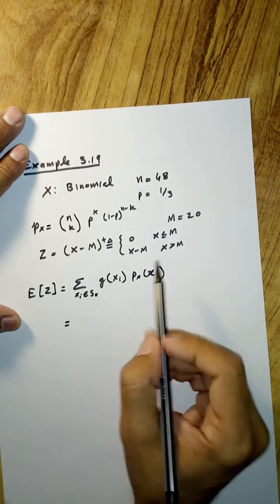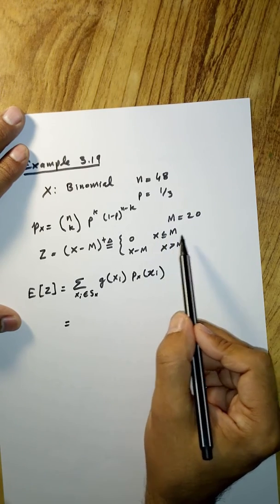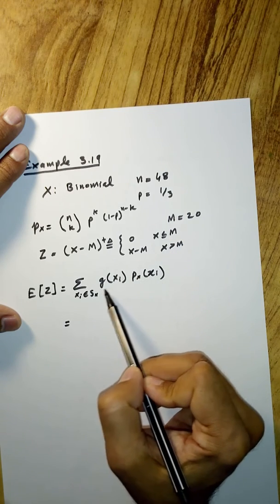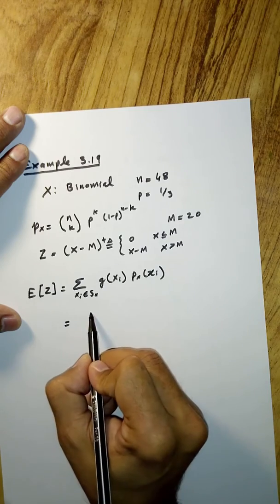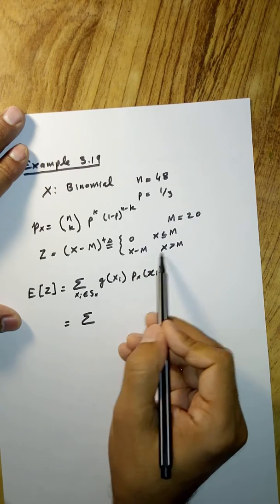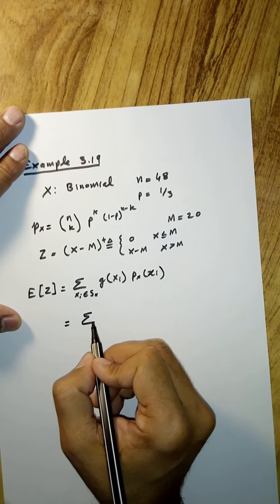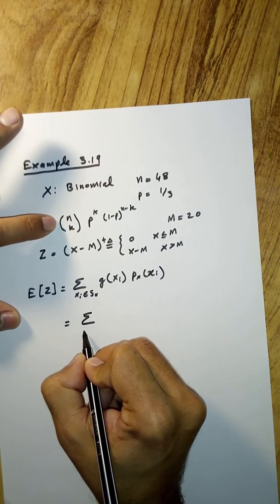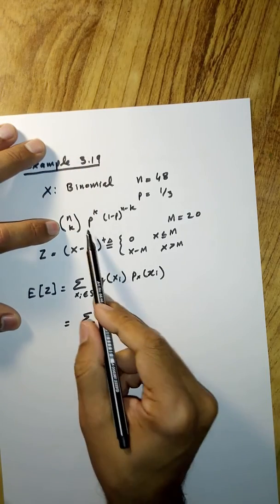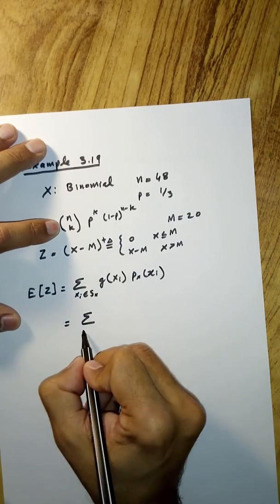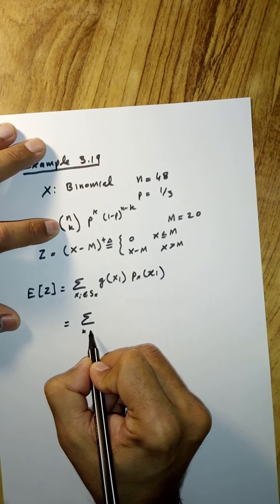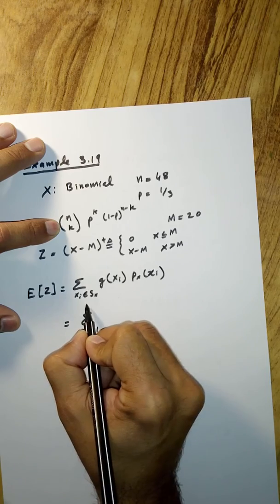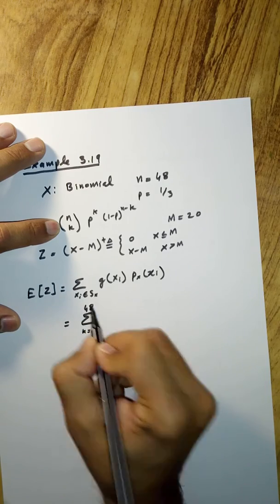For all x less than m, the function gives 0, so we don't even have to write them. We only write whenever x is greater than m. We used the subscript k to write the PMF, so we'll just use k here. Whenever k is greater than 20, it goes from 21 to 48. These are all the possible values.